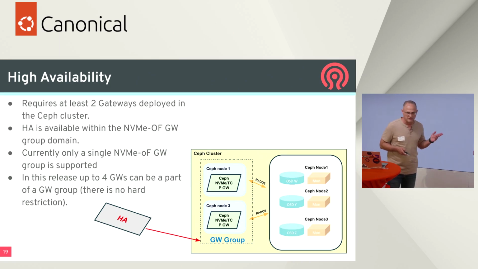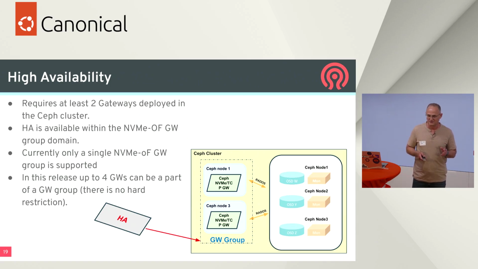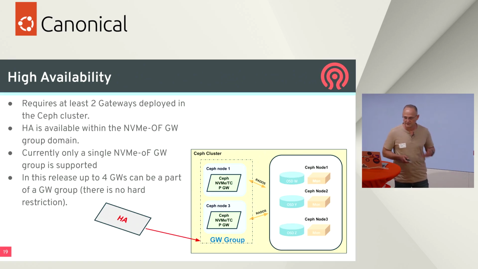To have high availability, we must have at least 2 gateways deployed in the Ceph cluster. What we currently test and support, though it's not hard-coded, is 4 gateways in a gateway group. In theory, the code supports much more than that, and we're increasing scalability as we speak.